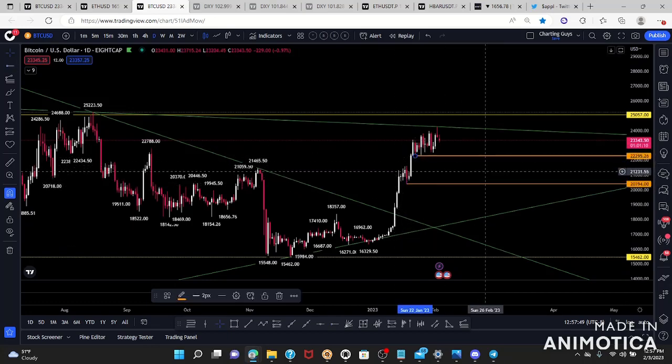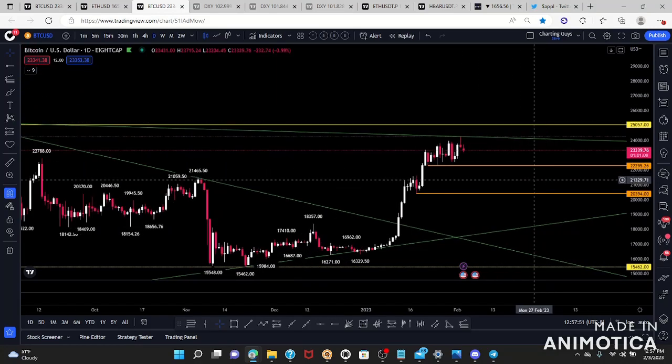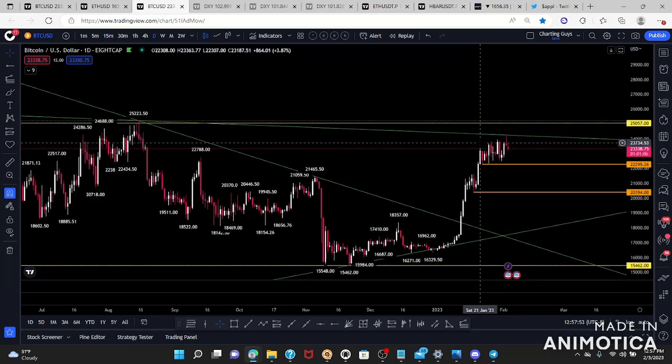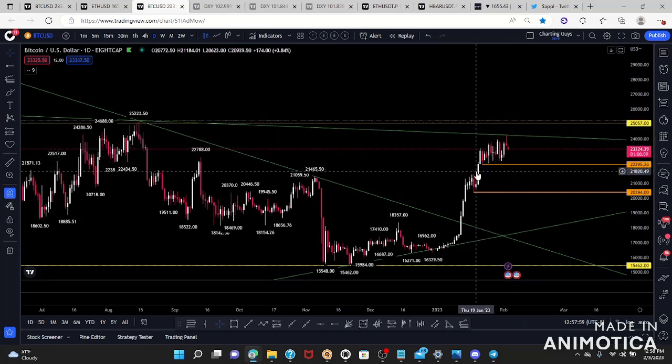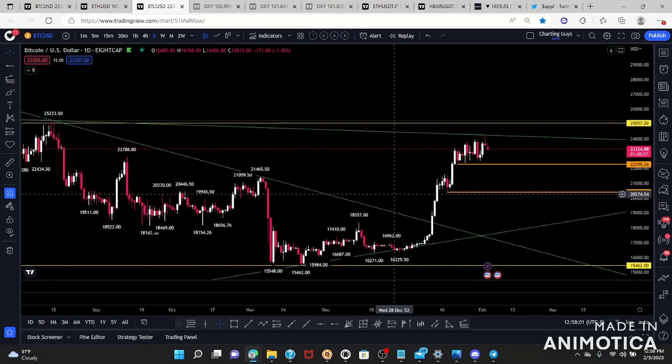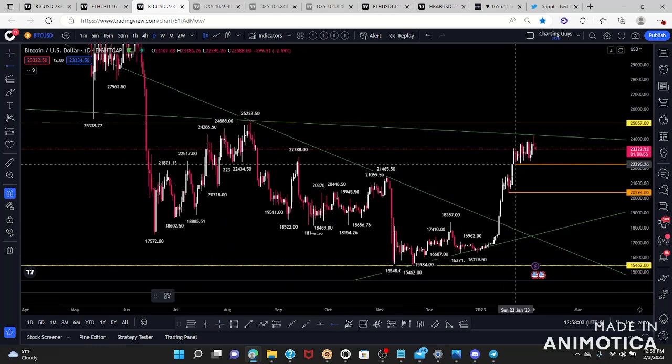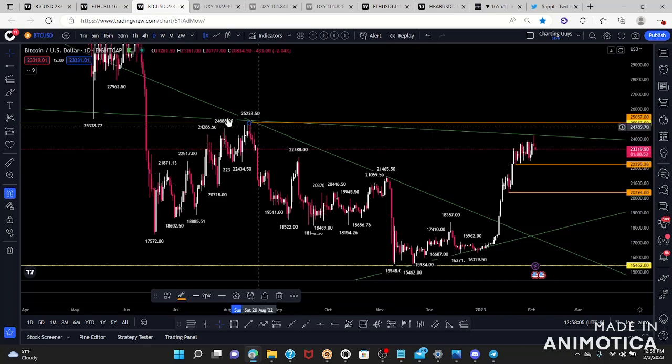My next support, hopefully that makes sense. There was a trend phase and now there's a consolidation here, and all the wicks are resting on this support. Okay, and of course my resistance will be the same as the weekly.